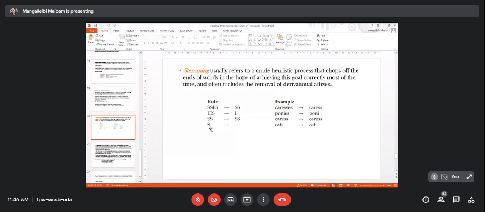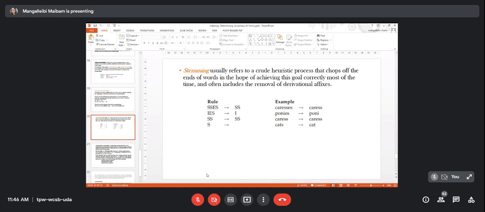And if words end with S, we can remove the S, for example cats, cat. These are some examples.